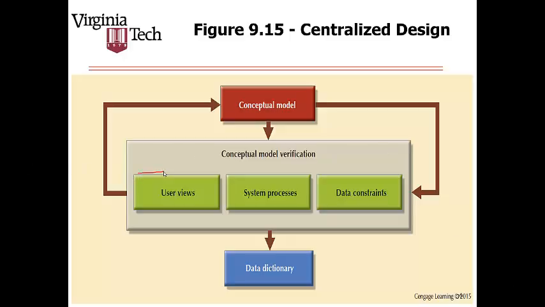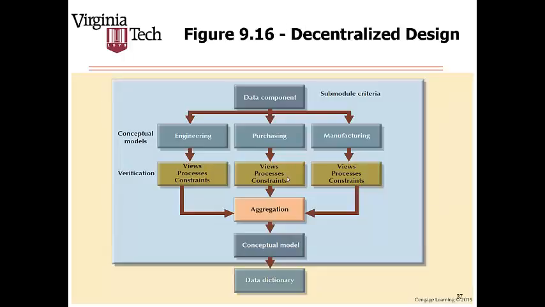So you make the entire model. You don't think of it as pieces. It's centralized, and then you pick out pieces of that model for individual user views and work from that perspective.